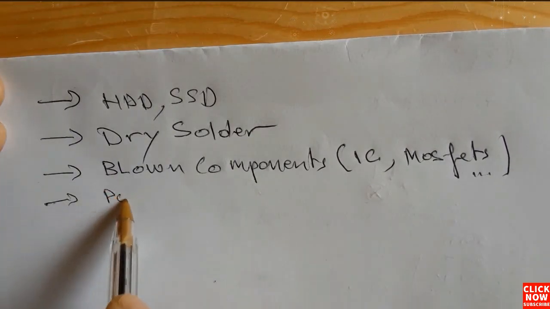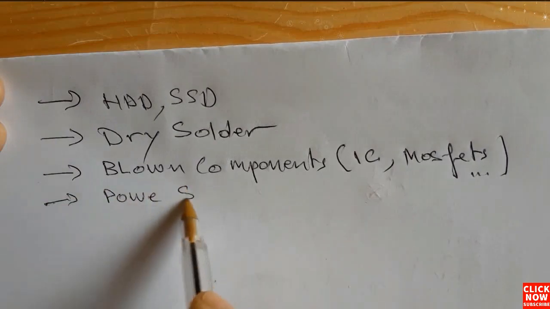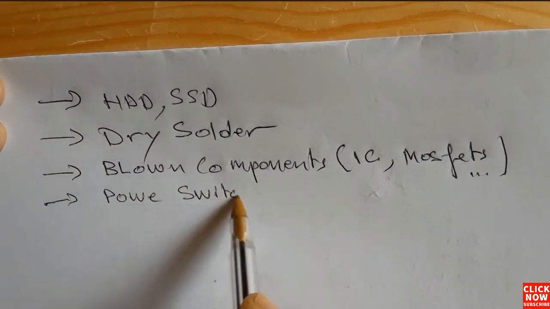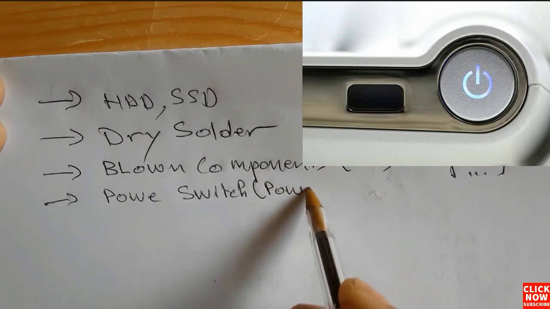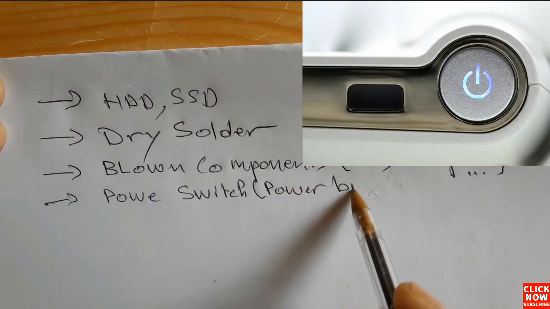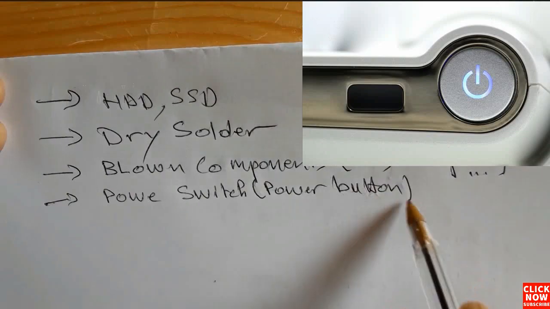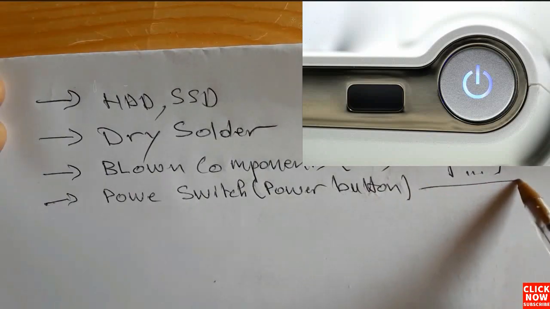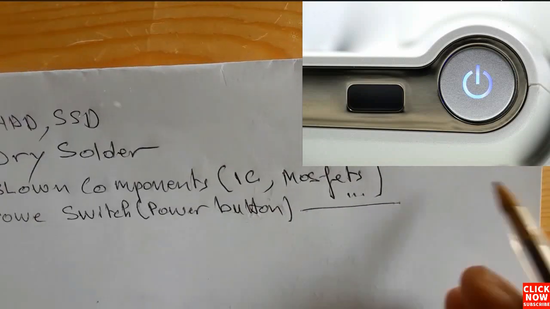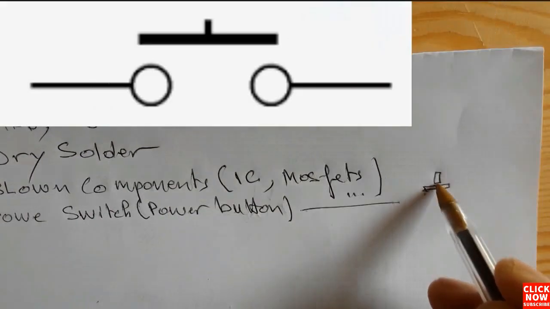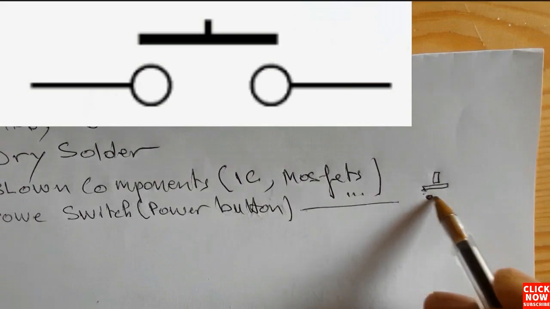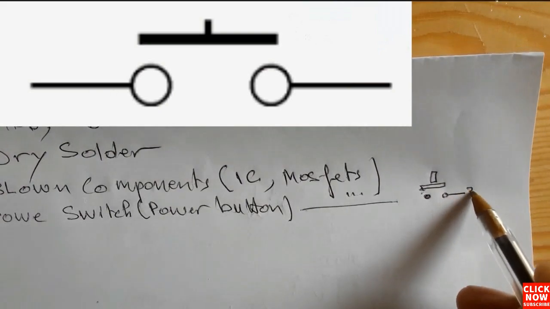So the next failure is the power switch. Okay, the power switch, or basically the power button. This power switch can be the cause of a bad motherboard. You know why? Because sometimes you press the power switch but there is no response. You know why? Because the 3.3 volt is not at the power switch.